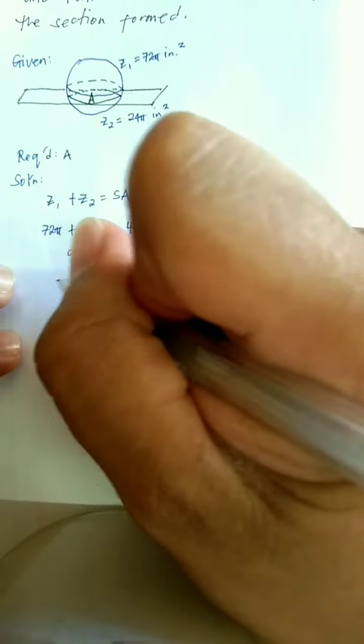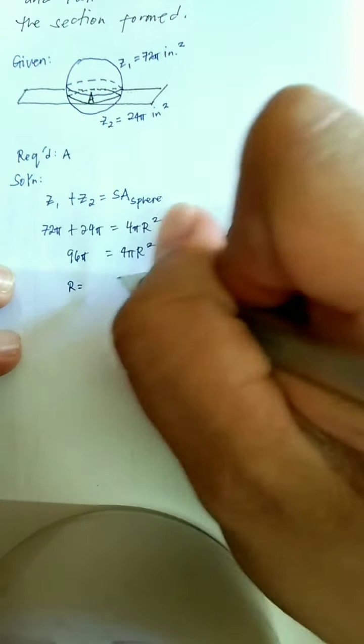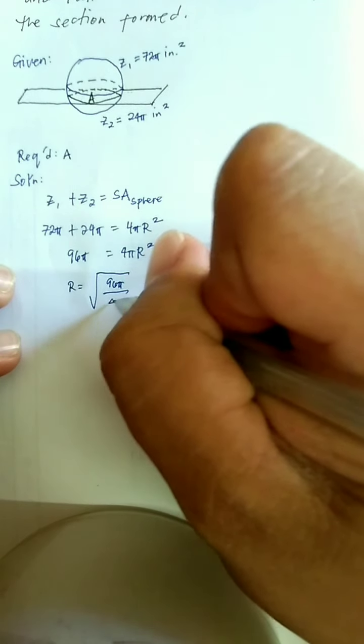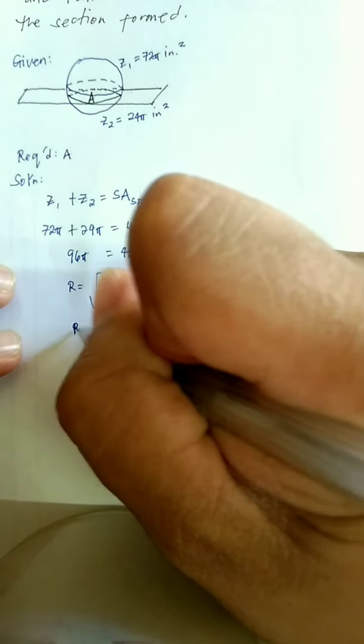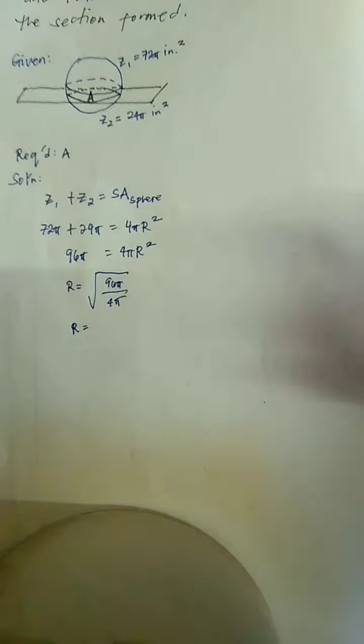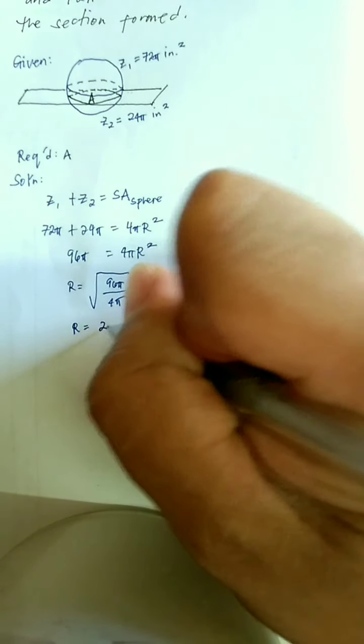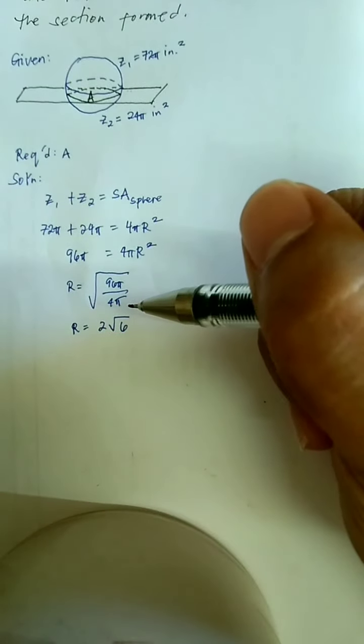Solving for r, therefore, is equivalent to the square root of 96 pi over 4 pi, which gives us a value of 2 square root of 6.